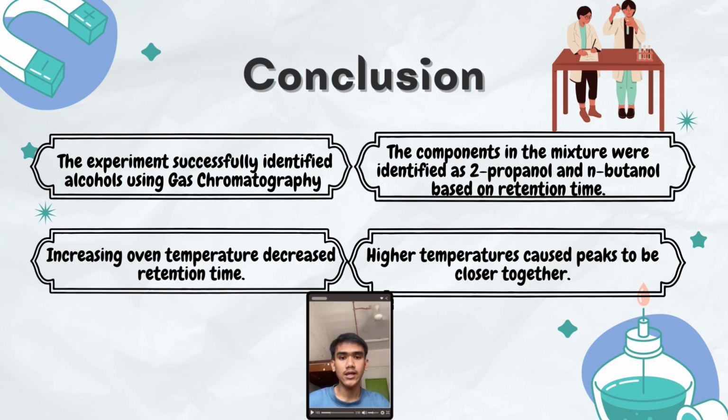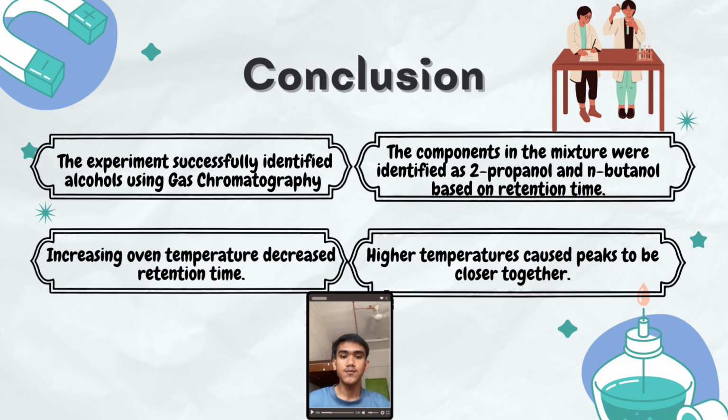The individual standards for 2-propanol and N-butanol exhibit retention times of 2.724 minutes and 6.043 minutes, respectively. These values align closely with the peaks observed in the standard mixture at 2.692 minutes and 5.903 minutes, confirming the identification of the substances based on their characteristic elution behavior.